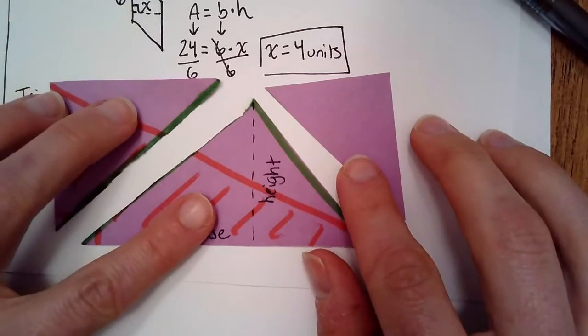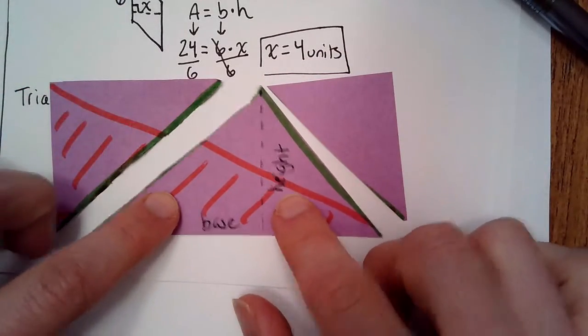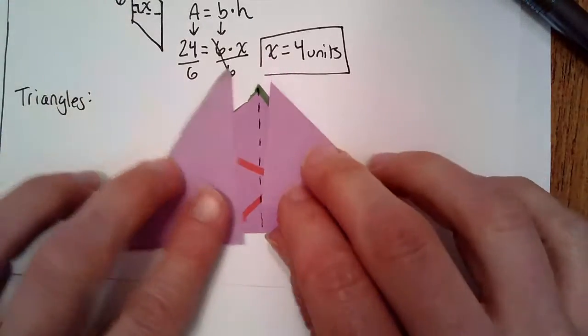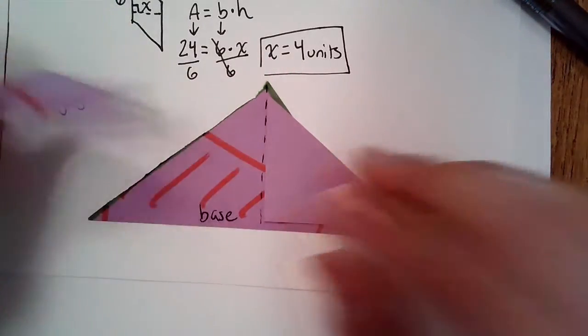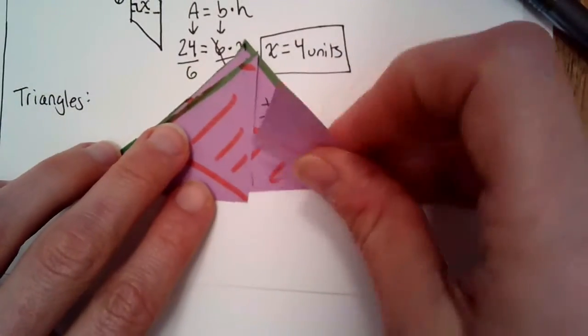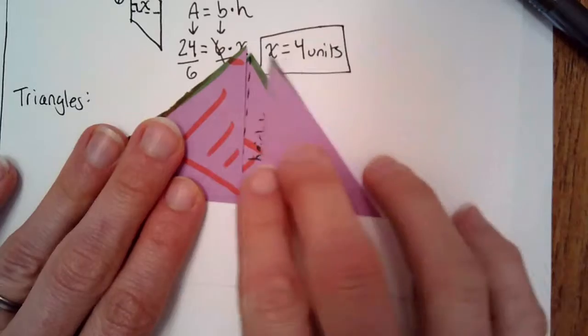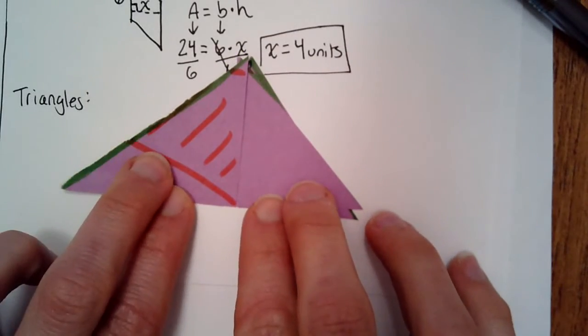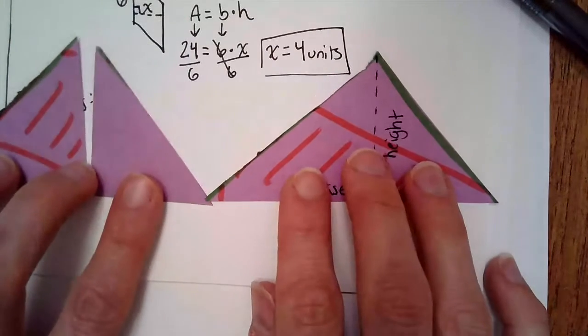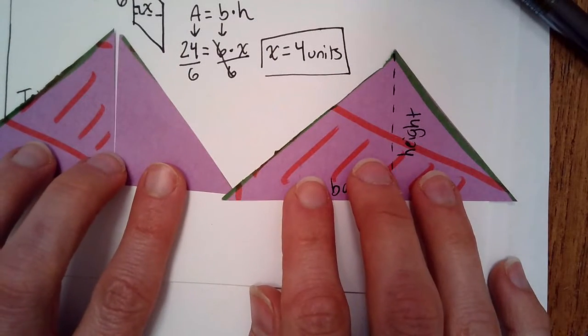So this triangle is exactly half of the rectangle because I can flip these, and they fall, well, you actually have to flip them like this. They fall perfectly on top. So we've essentially created two congruent triangles out of that rectangle.